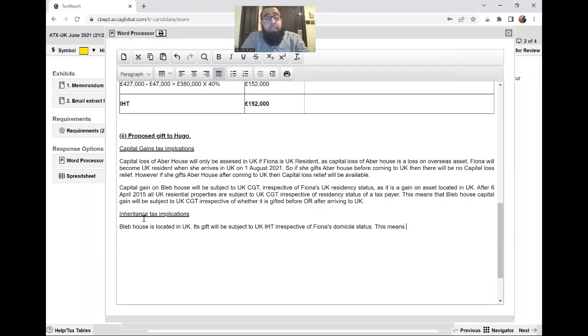This means that whether she gifts it before or after arriving to UK, this gift will be subject to UK IHT. If an asset is located in UK, it will be subject to UK IHT in any way.